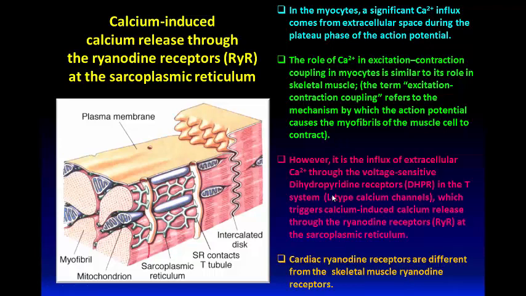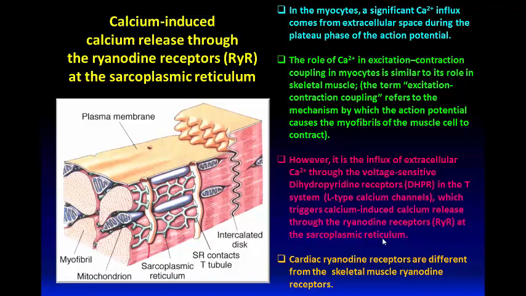However, in the cardiac muscle cells, in the myocytes, it is the influx of extracellular calcium through voltage-sensitive dihydropyridine receptors in the tubular system, which triggers calcium-induced calcium release through the ryanodine receptors at the sarcoplasmic reticulum.